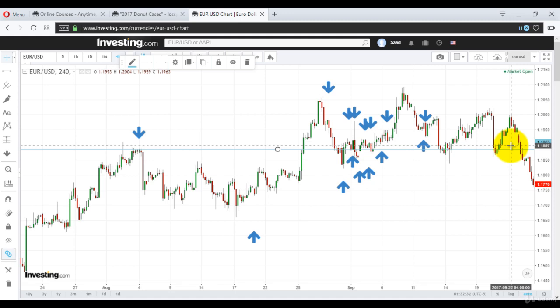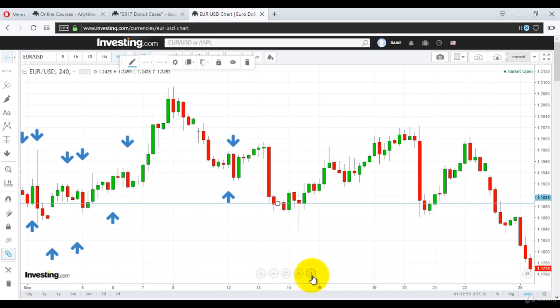Because as I told you earlier, bigger green candles are the bull signal. Now they were bigger right here, right here. You are happy they were bigger right here. But eventually those bigger candles got smaller in size compared to the black candles. And that's the start of the downtrend.